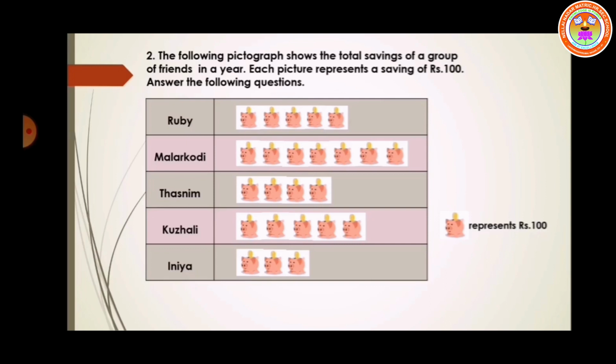Malarkodi has 7 piggy banks. Dasneem has 4 piggy banks. Kulali has 5 piggy banks. Inia has 3 piggy banks. Here the question says 1 piggy bank represents rupees 100.